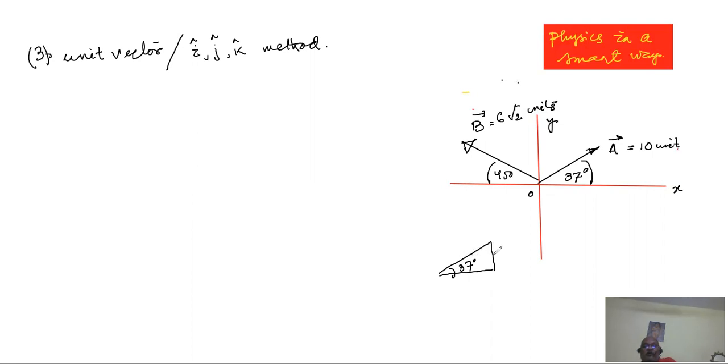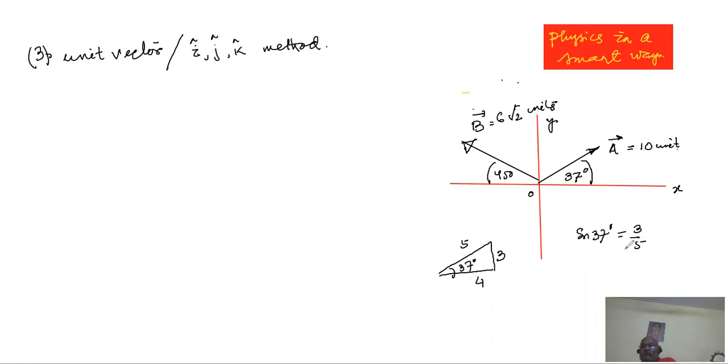Then the sides of the triangle will be in the ratio: perpendicular 3, base 4 and hypotenuse 5. So we can easily determine that sine 37 degrees is equal to 3 by 5.